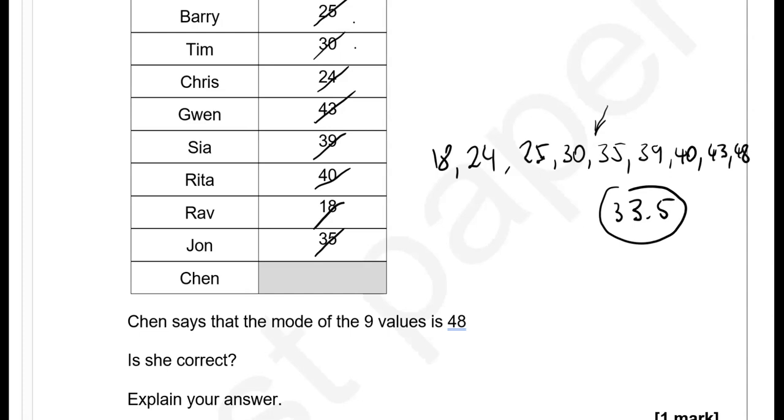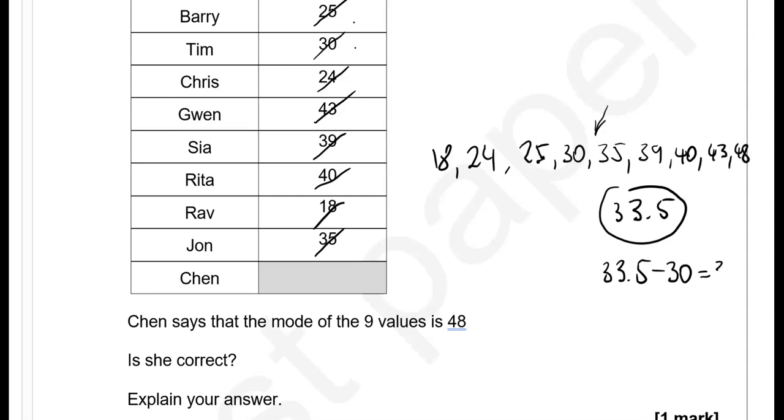So if I do 33.5 take away 30 to work out the difference, and then add that on top of 33.5 to see what number that would be that is higher than 30, and their midpoint would be 33.5, and see if that works.